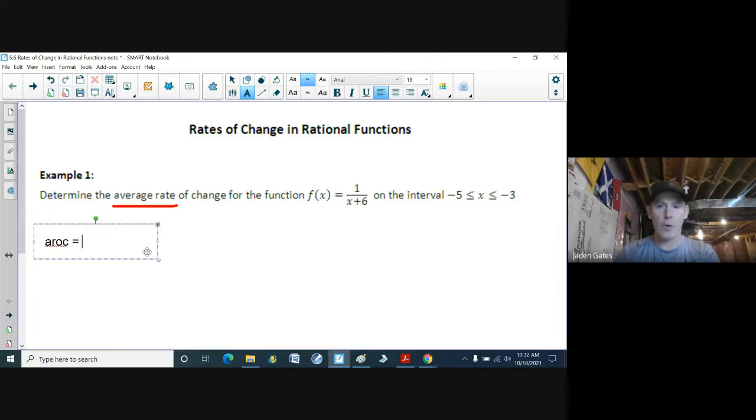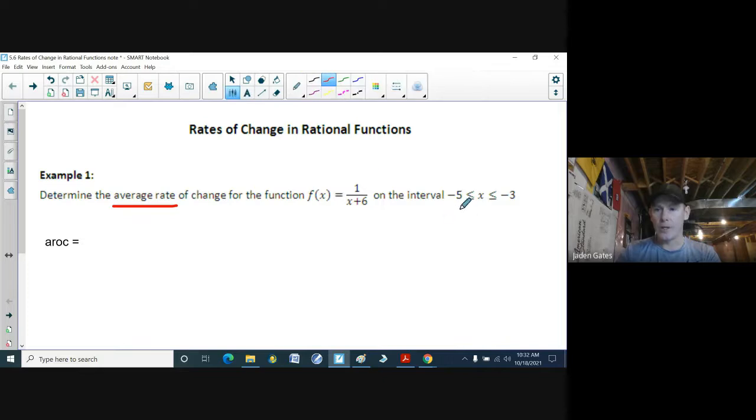So our average rate of change, in this case, we are looking at the average rate of change between -5 and -3. In terms of our x1, x2 values, the farthest to the left is our x1, and the farthest to the right is x2.